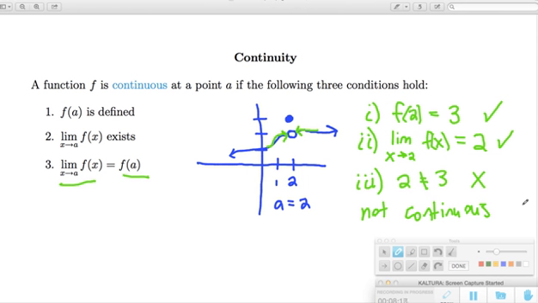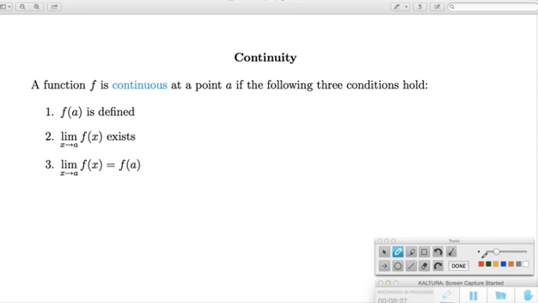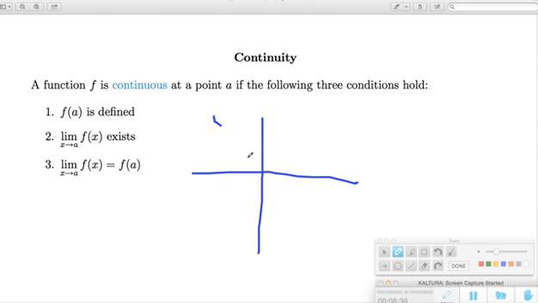But if you want to just take a quick glance and decide if a function is continuous or not, you can look at the graph, and if there's no point where you have to pick up your pencil to draw it, then it's going to turn out to be a continuous function once you check the 3 conditions.